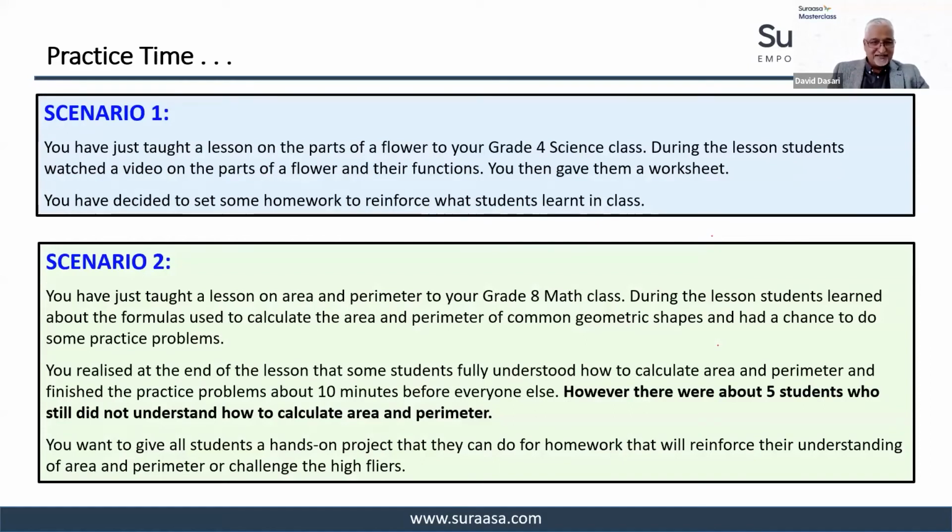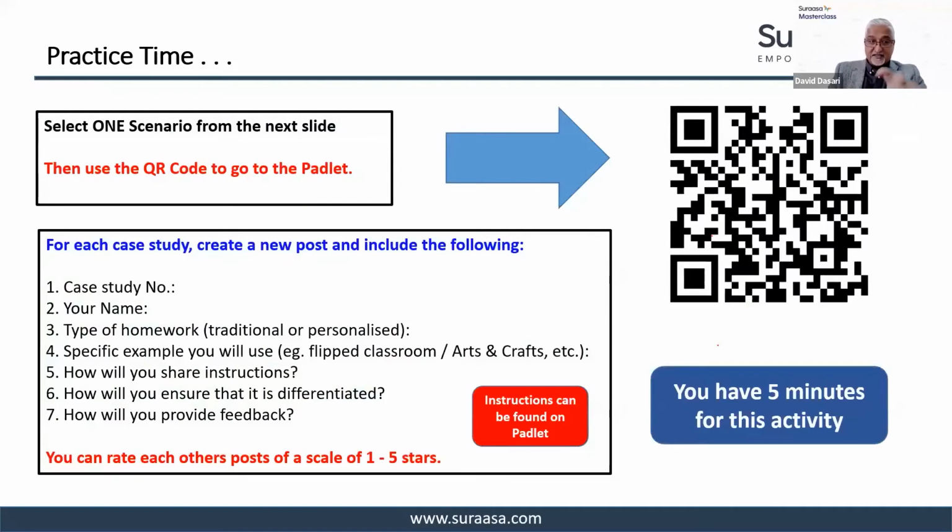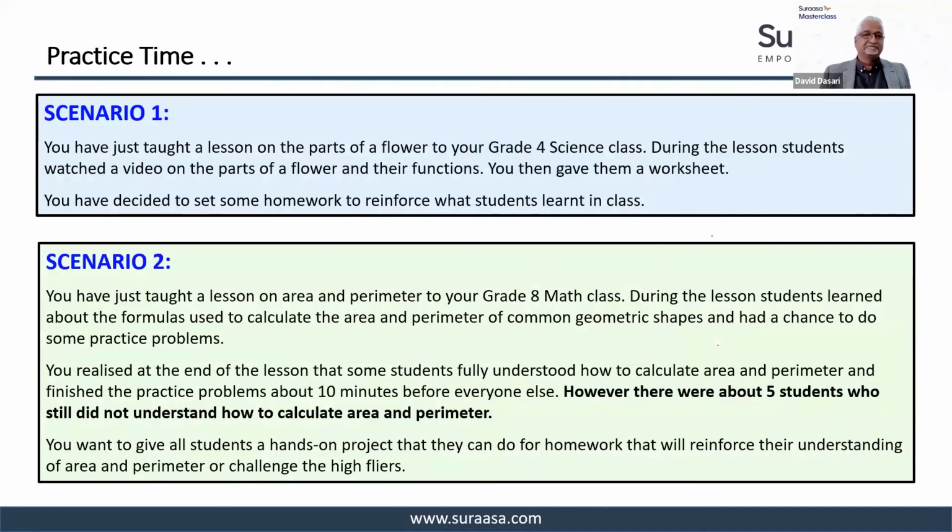There's the scenarios. Have a look at them. I'm going to leave this on the screen, and I'd like you to take some time to answer the 7 questions related to the case study that you selected. The Padlet link for those people that don't want to use the QR code is already in the chat room.